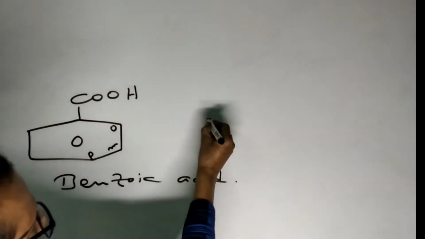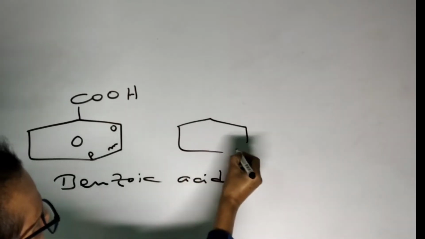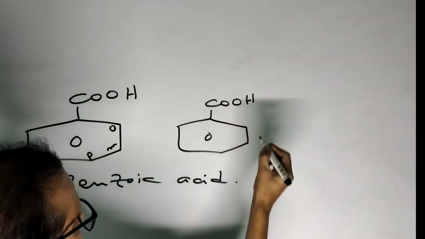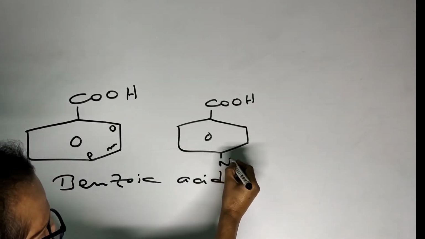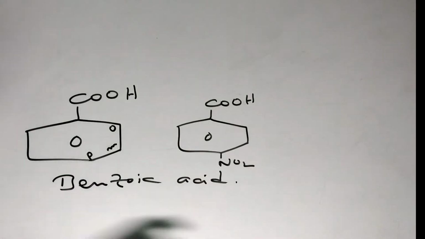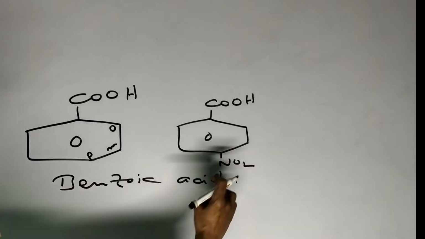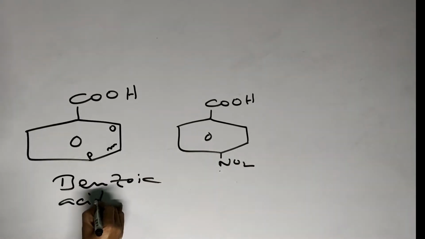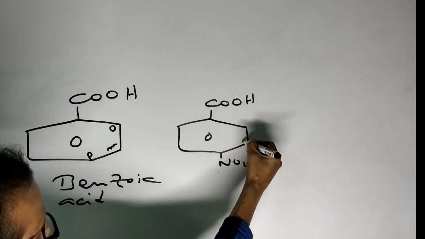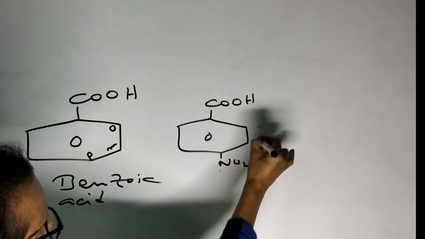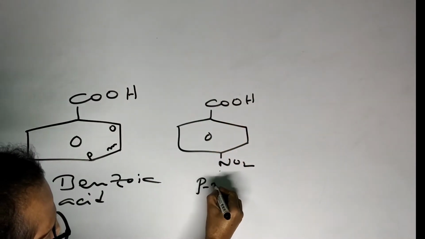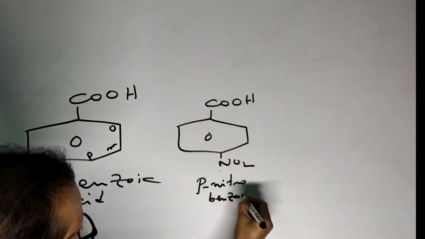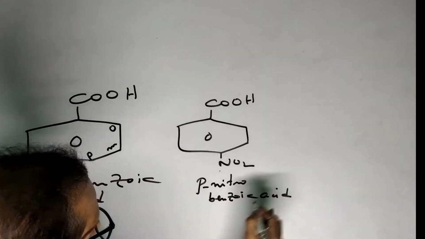Now for example, if we insert one nitro group at the para position, this is ortho, meta, para, so it is called para-nitrobenzoic acid.